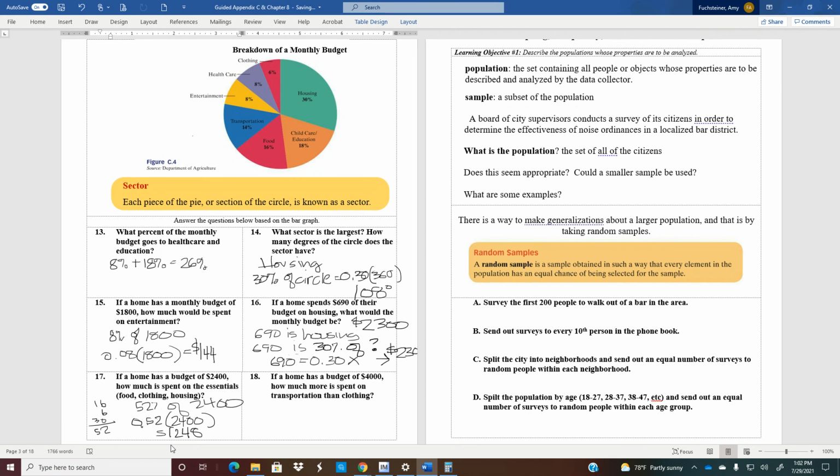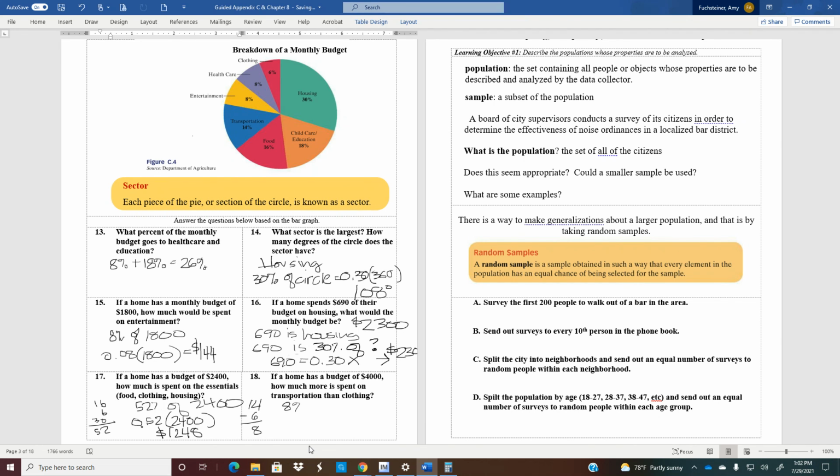So $1,248. Right? Okay, if a home has a budget of $400,000, how much more is spent on transportation than on clothing? So transportation was 14%. Clothing is 6%. How much more means I'm going to subtract it, so 8%.